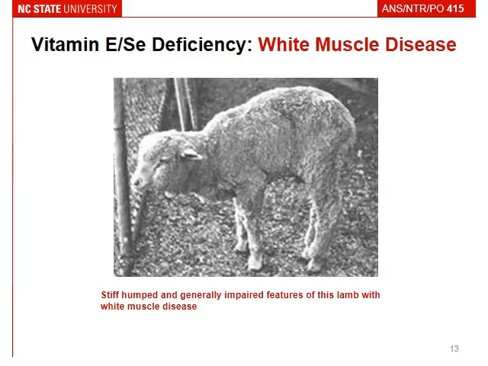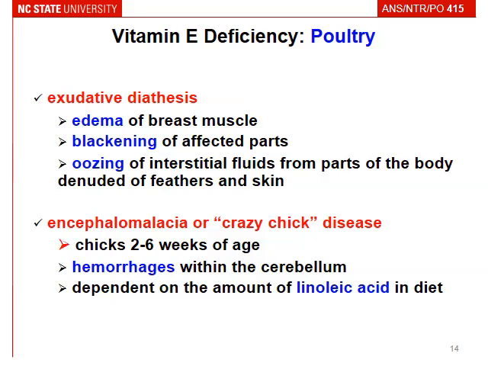Here we have a picture of a lamb that has white muscle disease, and you can see it has this stiff, humped back, and it basically hurts them to walk. If you look at the muscles upon necropsy, it's called white muscle disease because the muscles are very white.